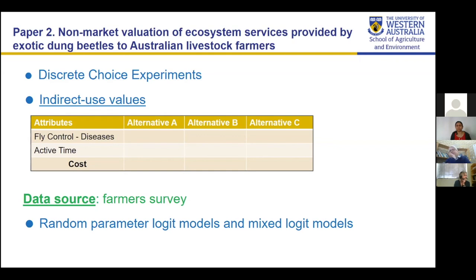Those were some of the values we wanted to get at, so that we can provide advice to the people importing different species about which traits are of most value.